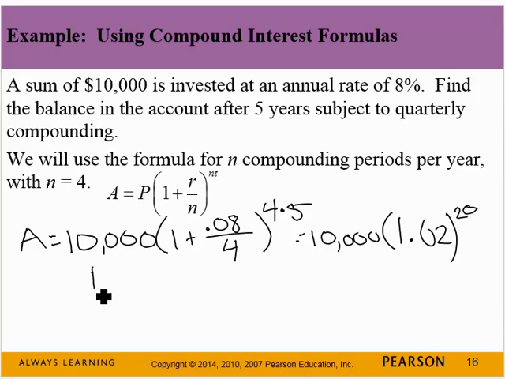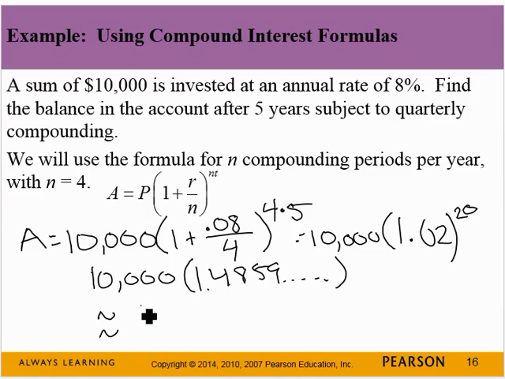If I plug this into the calculator, I'd have 10,000 times 1.4859, and it would continue. So you would have about $14,859.47.